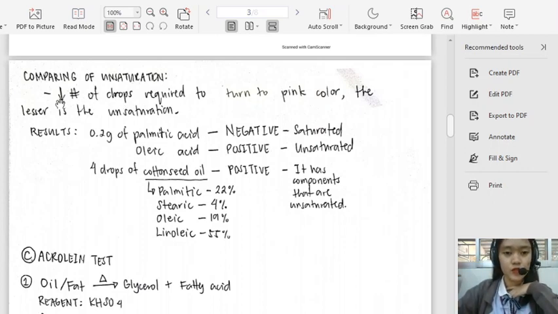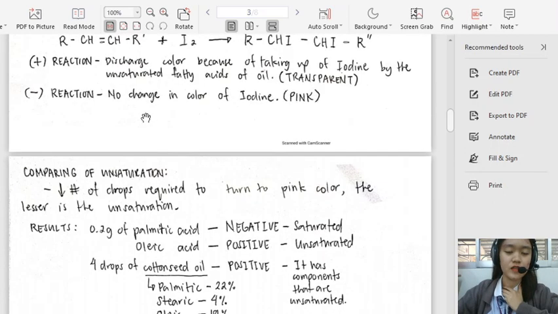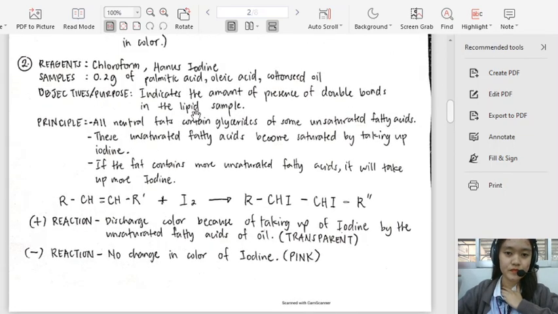Okay? So, correct ito. The decrease in the number of, or the lesser number of drops required to turn it to pink color, the lesser is the unsaturation. So, diba, every time you will drop iodine solution to the palmitic acid, oleic acid, and cottonseed oil with your chloroform.